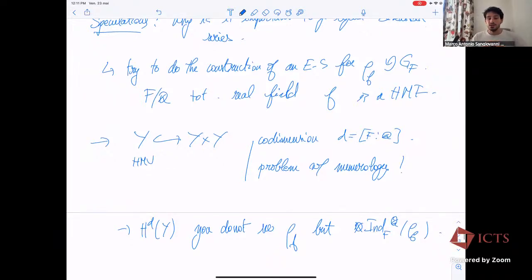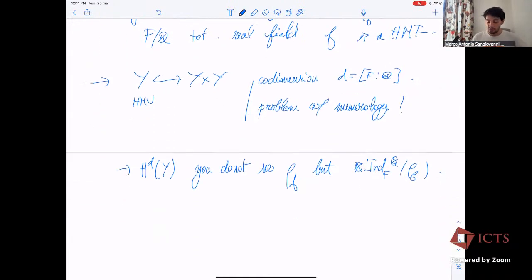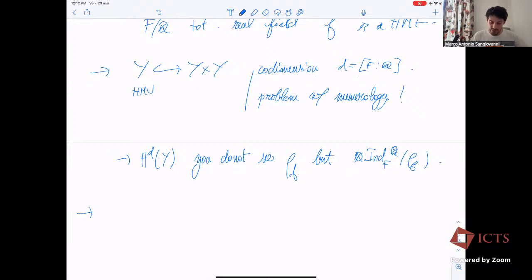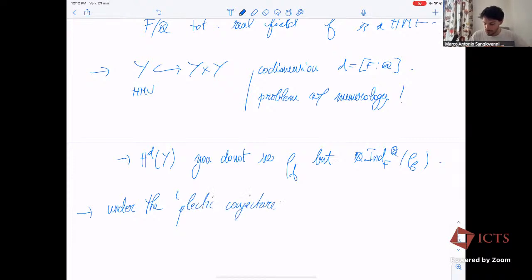So you don't get an Euler system for rho F. Partially, the plectic conjectures address these issues, but it seems that they're completely out of reach as of now.